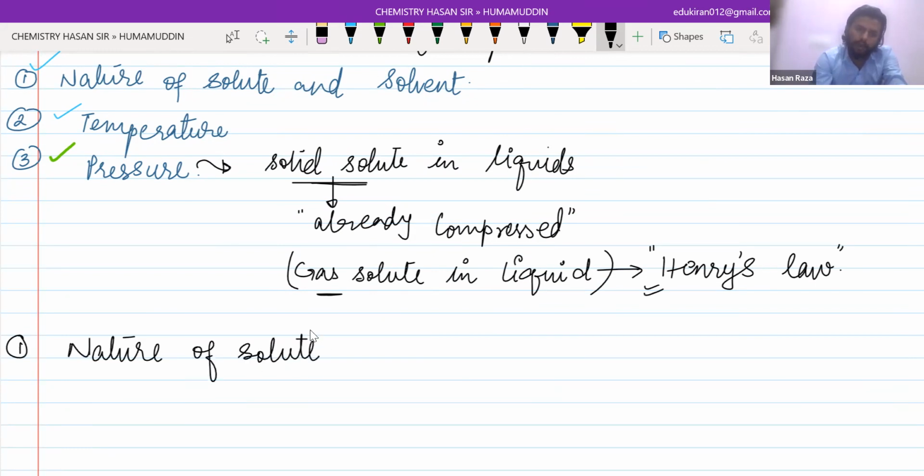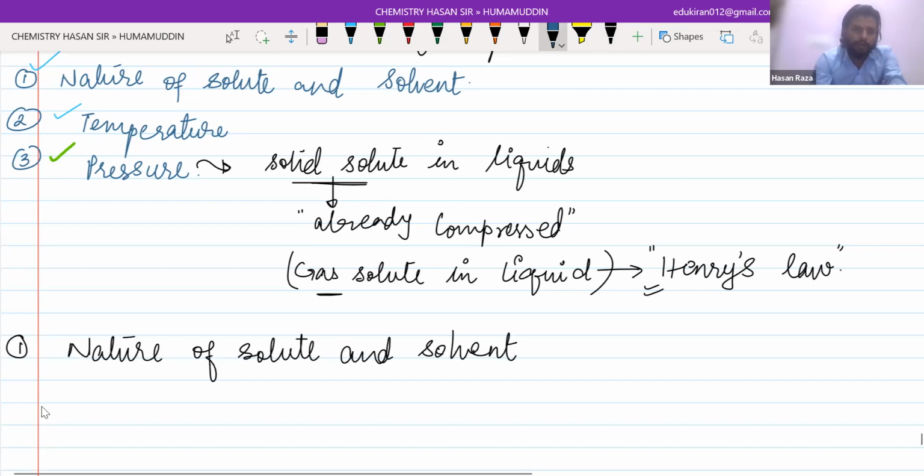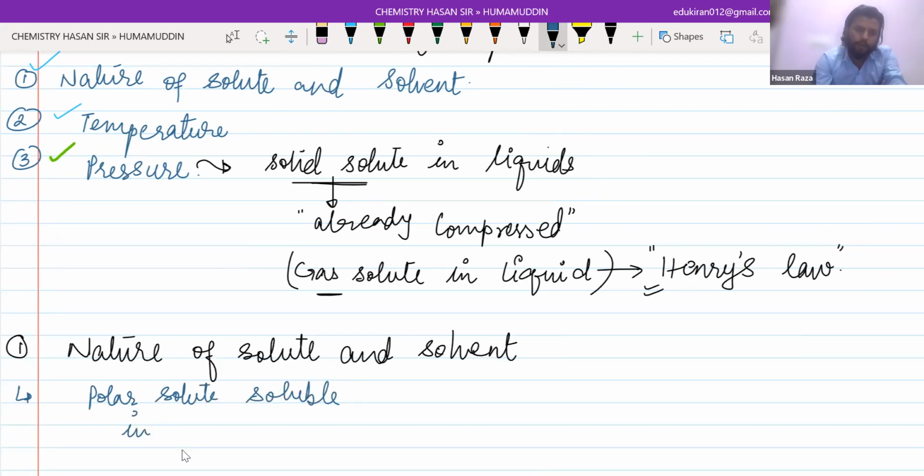Now, the first effect that I told you, nature of solute and solvent. What is this? It's very easy to understand. I'm going to write a point. Polar solute, soluble in polar solvent. And we can write non-polar solute.